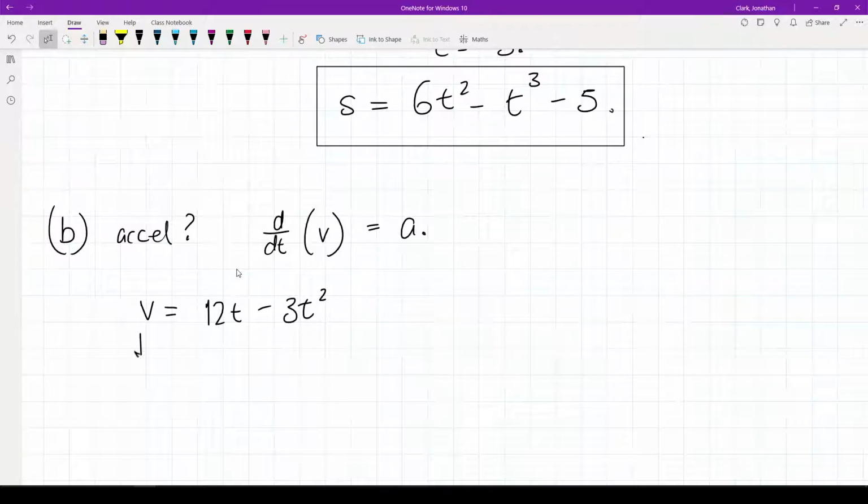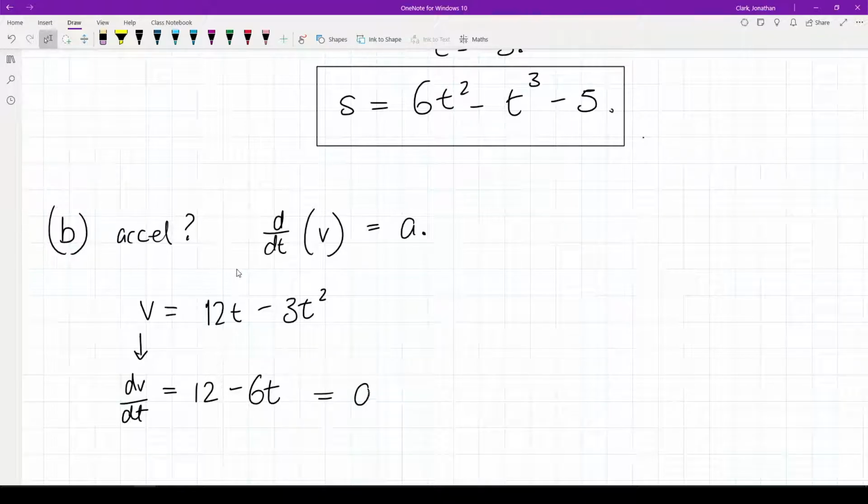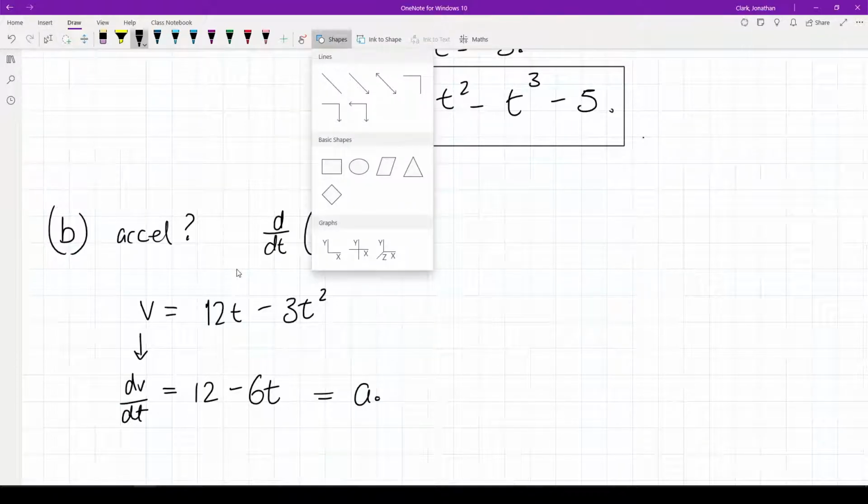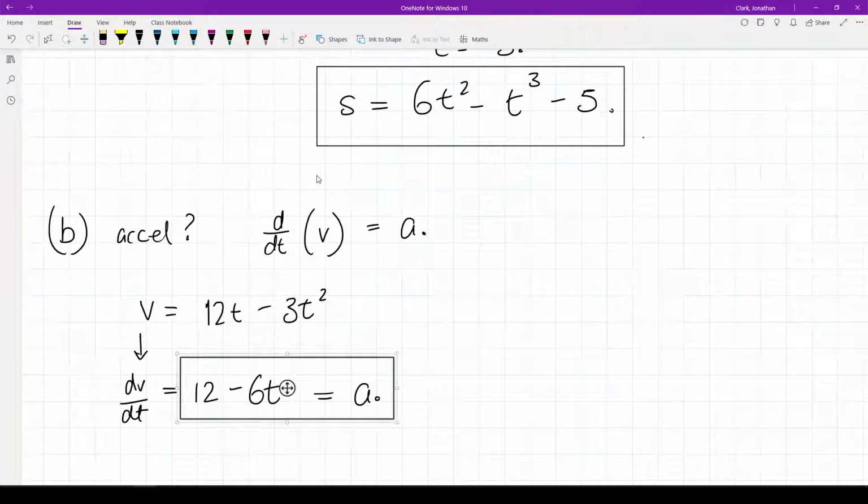And I'm going to differentiate this, dv/dt, and that will give me my acceleration. Differentiating 12t will be 12. Differentiating 3t squared will be 6t. And that's it. That's my expression for the acceleration. Fantastic.